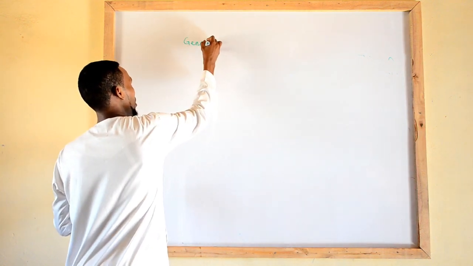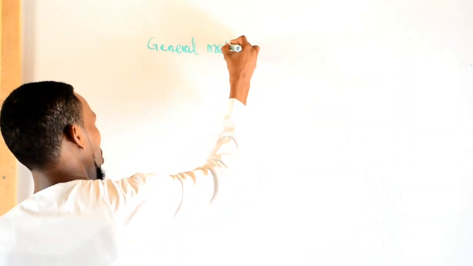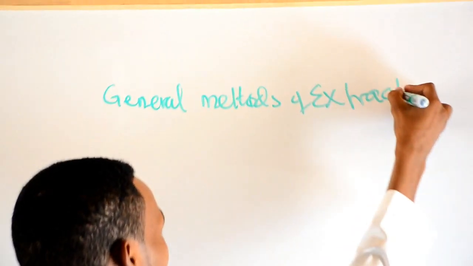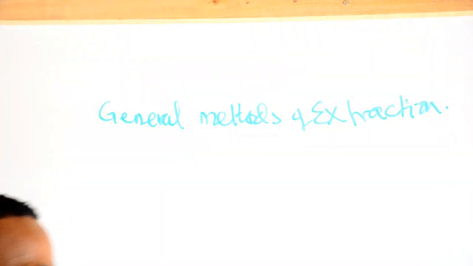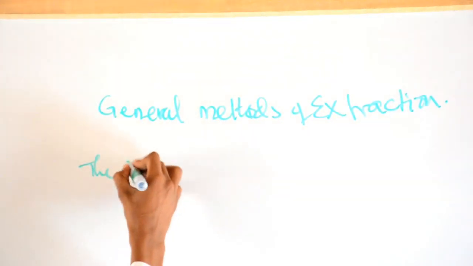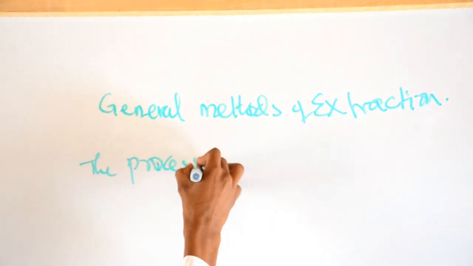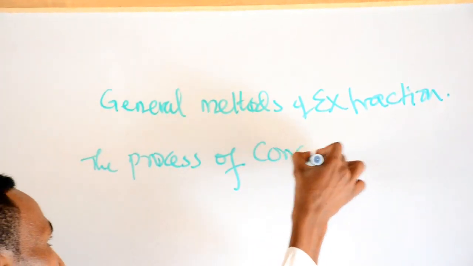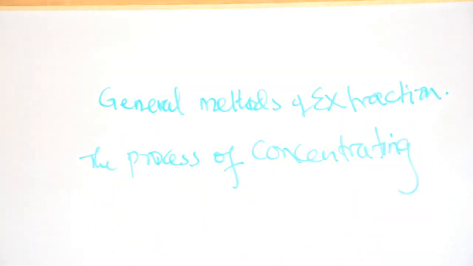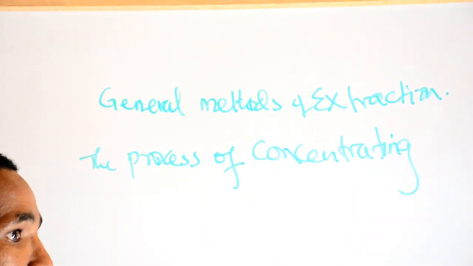General methods of extraction. And the first one, let's write the note: the process of concentrating the ore. We said before you purify a metal, you need to first concentrate it.